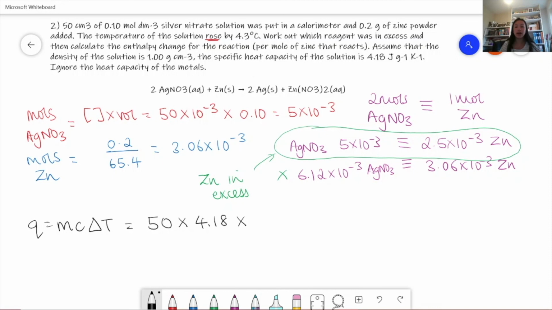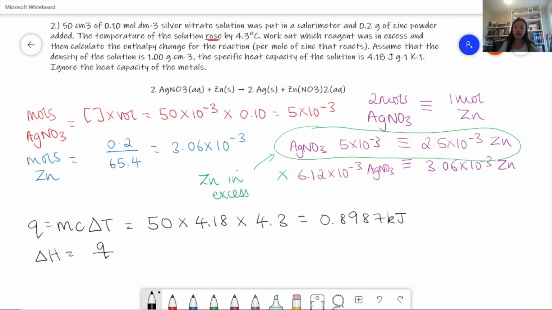And then multiply it by the change in temperature. And it says here that the temperature of the solution rose by 4.3 degrees. And this comes to a certain amount of joules, which I've converted to kilojoules. So it's 0.8987 kilojoules. And now we use the delta H formula.